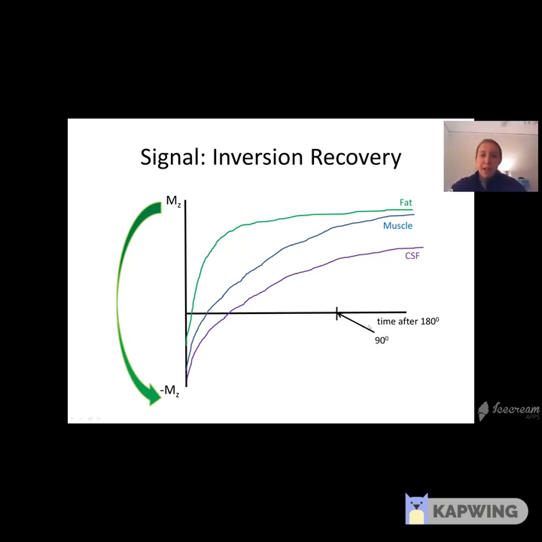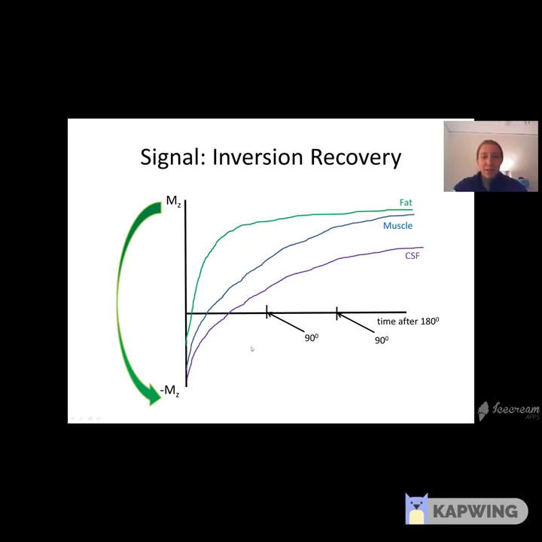Now, if you try to apply a 90-degree pulse to get a signal, for muscle and fat here, you won't see a big difference between the two signals, and maybe you want to see a good difference between fat and muscle. If you apply a 90-degree pulse here, you might see a good difference between the two, but it just seems like you're just randomly applying a 90-degree pulse.